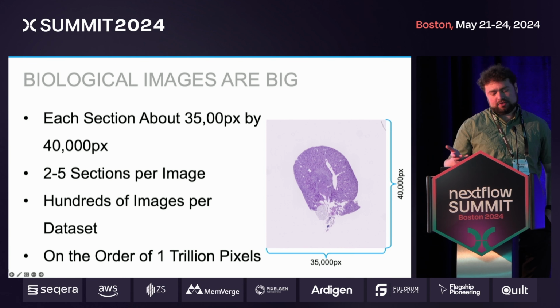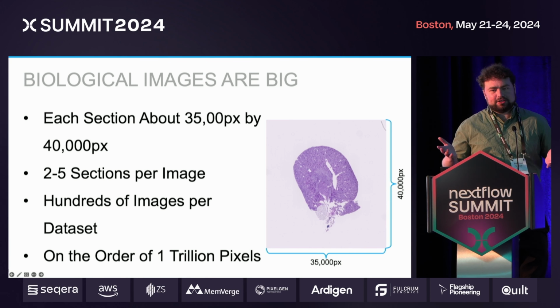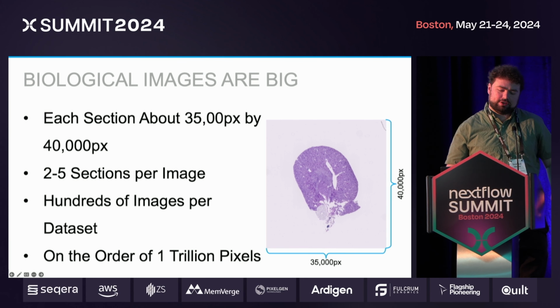You have 2 to 5 of those per slide, and we've got hundreds of these slides within a data set. So we're dealing on the order of 1 trillion pixels per data set, which, as you can imagine, has some compute limitations and requirements to deal with.